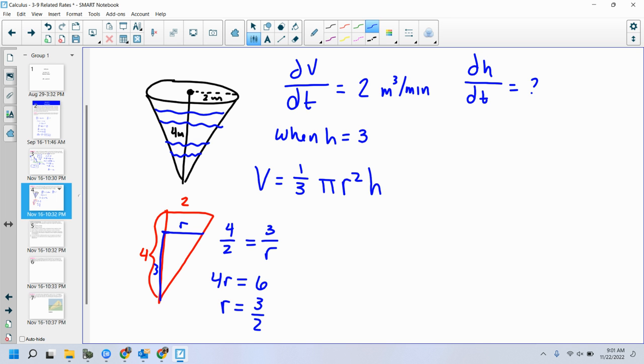Okay, so in other words, volume is equal to 1/3 pi times 3/2 squared times h.